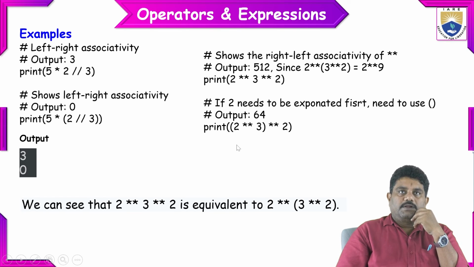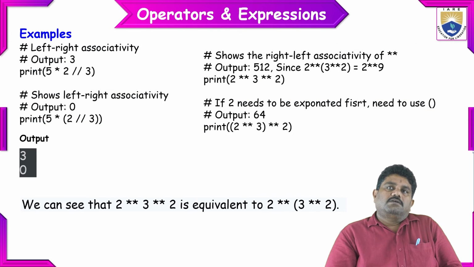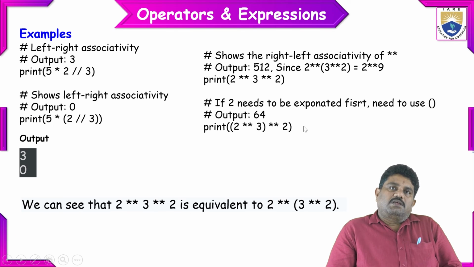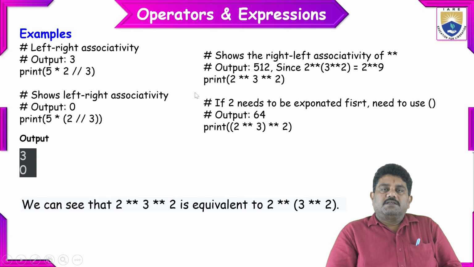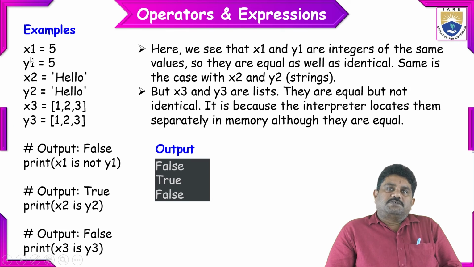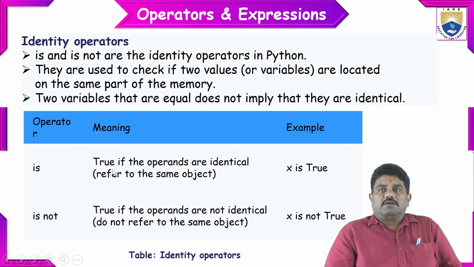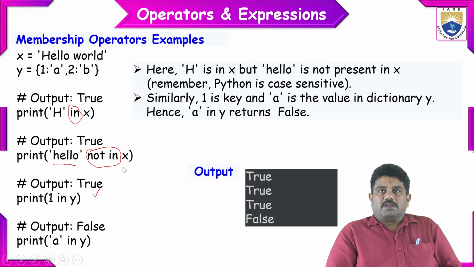Okay, and next we'll go to the expressions. We have seen we cannot divide expressions and operators separately. All these are expressions only, whatever is explained here. So for your clarity, these are all expressions we can say: x == y, x != y, and so on.